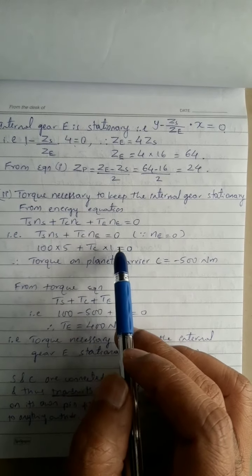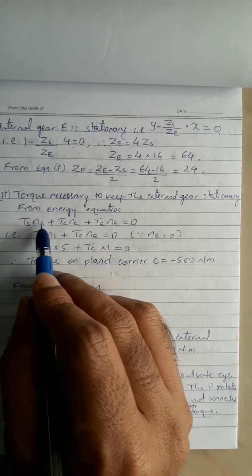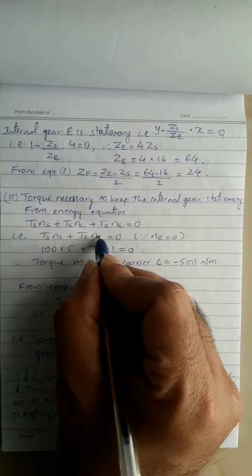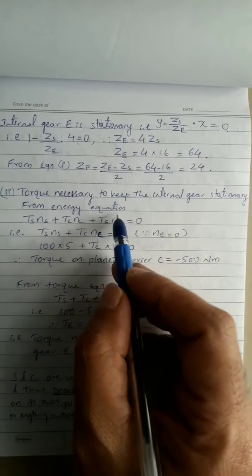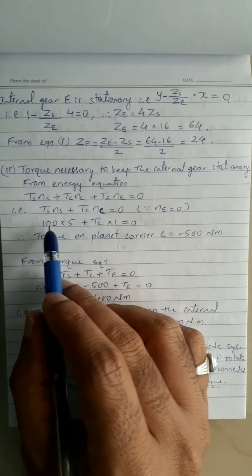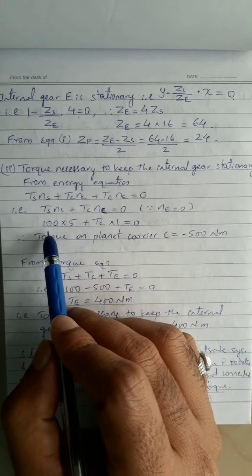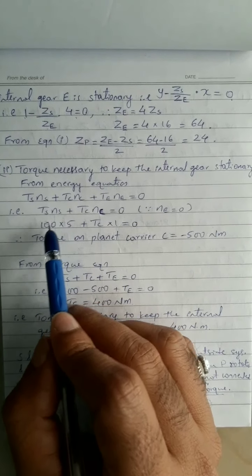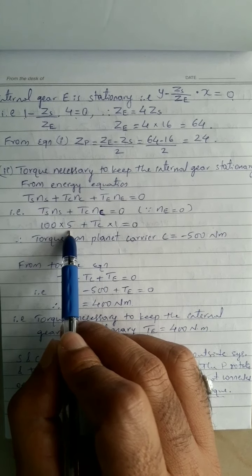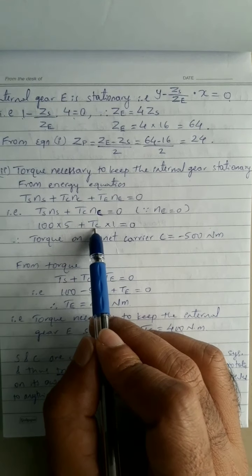So we are left with the torque and speed of the sun wheel, and the torque and speed of the carrier C. Substituting the values of the known parameters, the torque of the sun wheel is 100, it is given, and the speed of the sun wheel as 5 rpm, and the torque of the planet carrier we don't know.